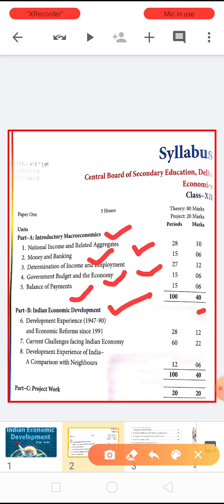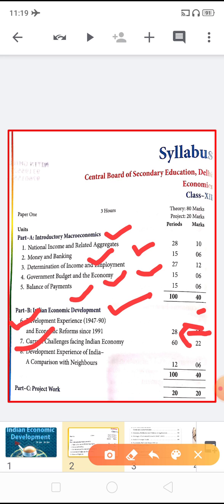The first unit is development experiences from 1947 to 1990 and the economic reforms since 1991. You can see the slide. This unit contains a weightage of 12 marks in your board examination, and the second is current challenges facing Indian economy. Children, it is very important to understand that this second unit contains a weightage of 20 marks in the board examination.